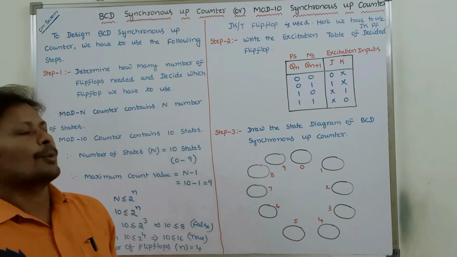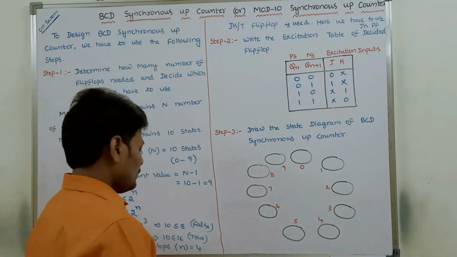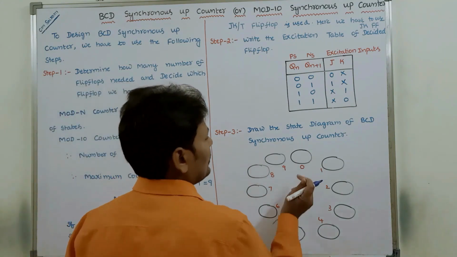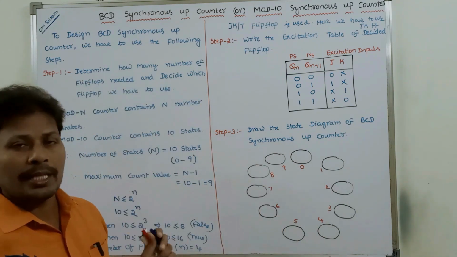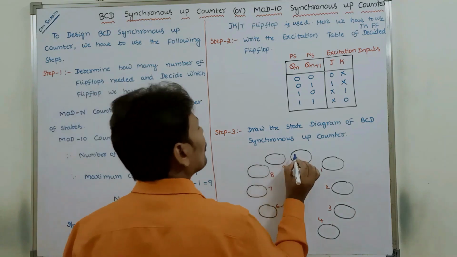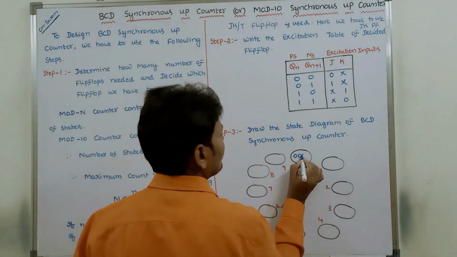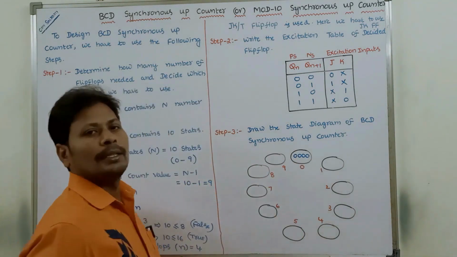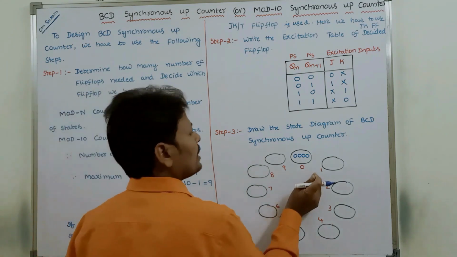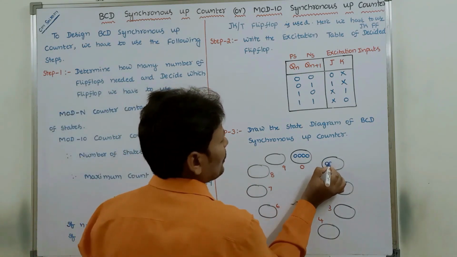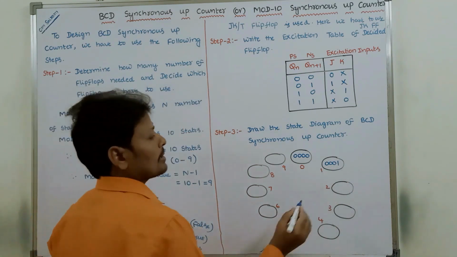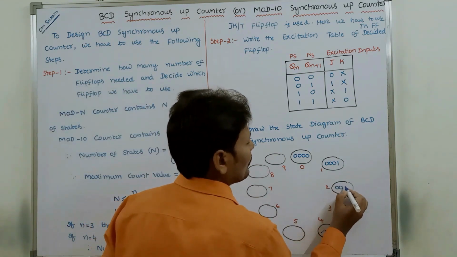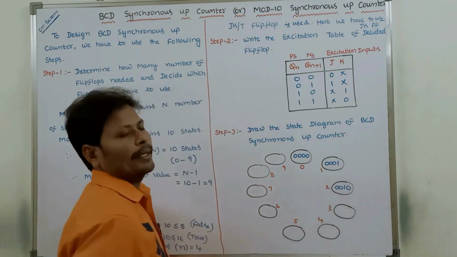Okay, so the first BCD digit, that is the 0 state, we have to use 4 bits to represent the 0 state. Next, to represent state 1, we have to use 4 bits. To represent state 2, we have to use 4-bit binary.